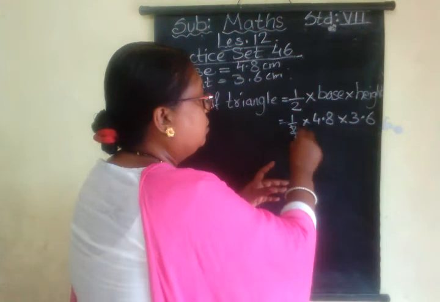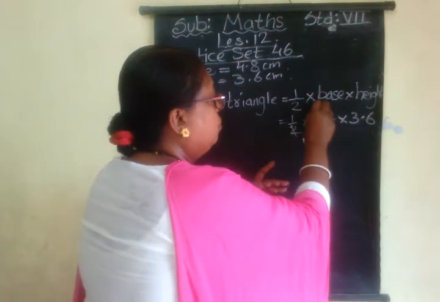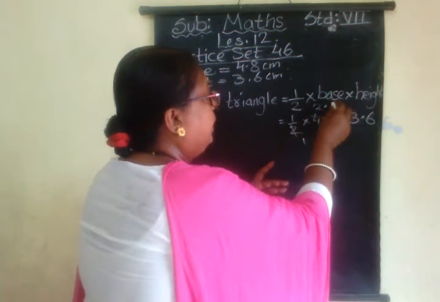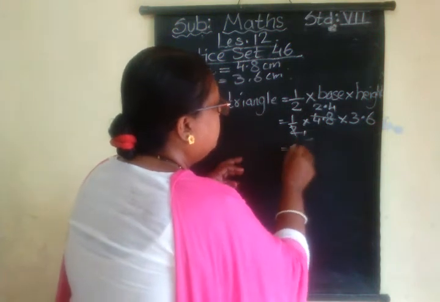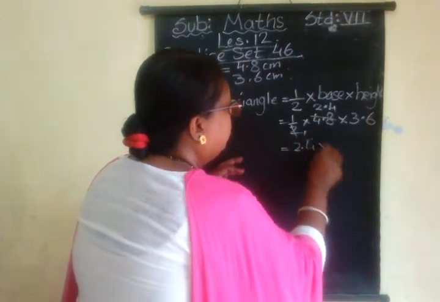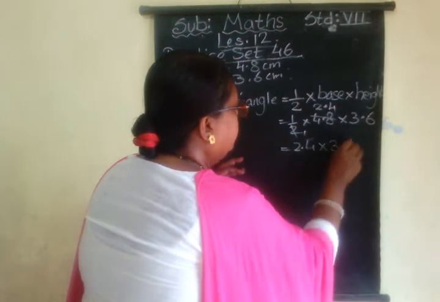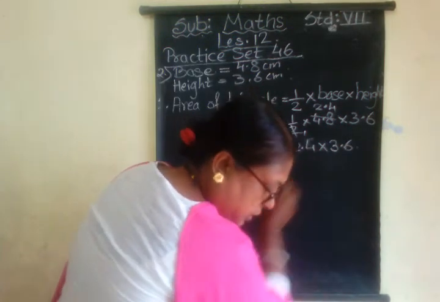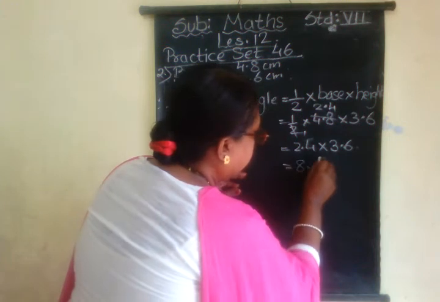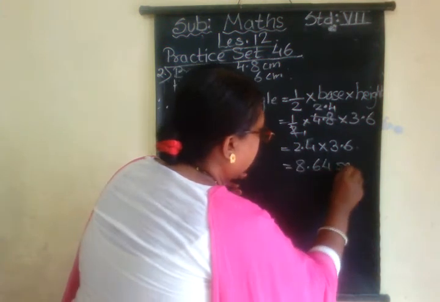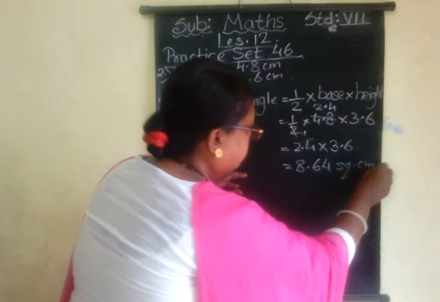So 2 ones are 2 and 2 twos are 4, 2 fours are 8. So your remaining is 2.4 multiplied by 3.6, which gives us answer as 8.64 square centimeter.